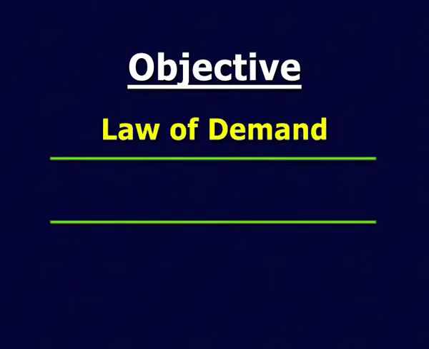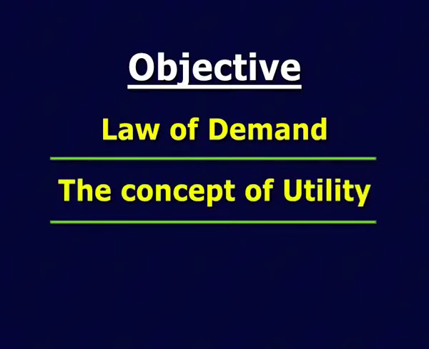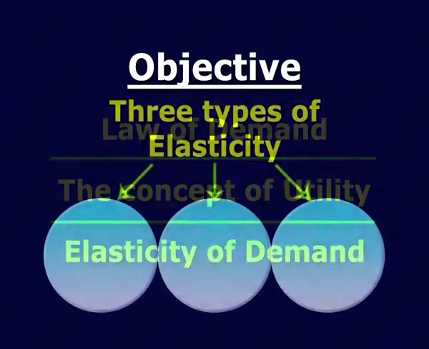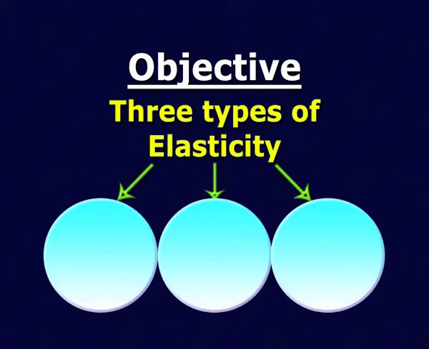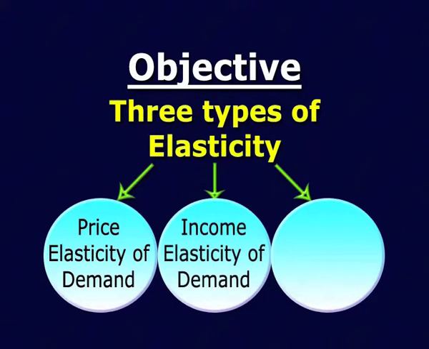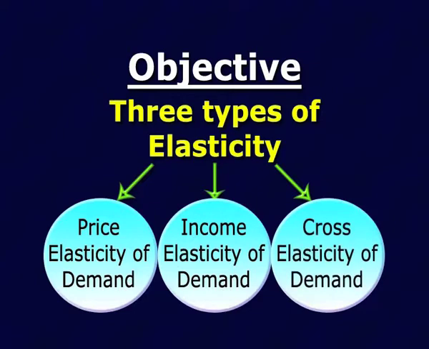Then we will discuss law of demand. We will also discuss the concept of utility very briefly. Then we will shift to elasticity of demand. We will talk about 3 types of elasticity, namely the price elasticity of demand, income elasticity of demand, and finally the cross elasticity of demand.